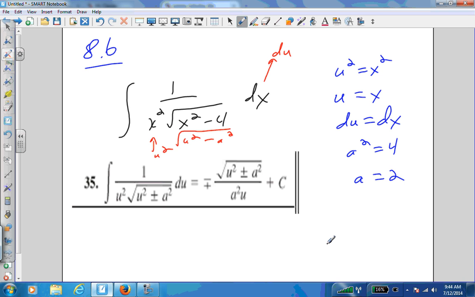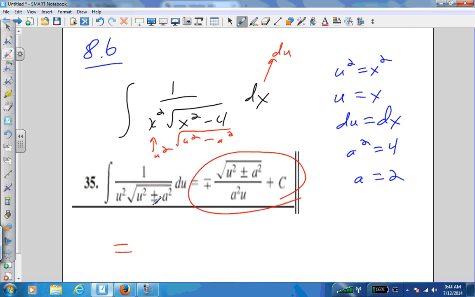So once we find out the proper formula, and we find our u and our a, then we just substitute into our formula to get our answer. Notice this formula works with u squared plus a squared, or u squared minus a squared.